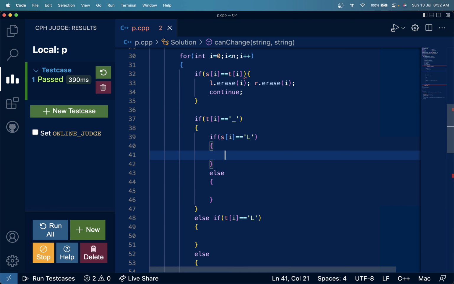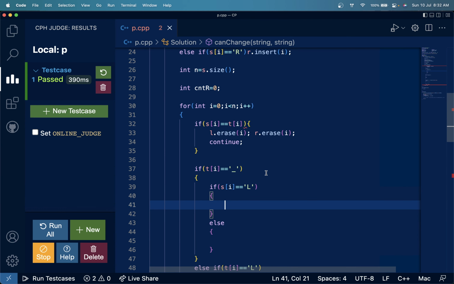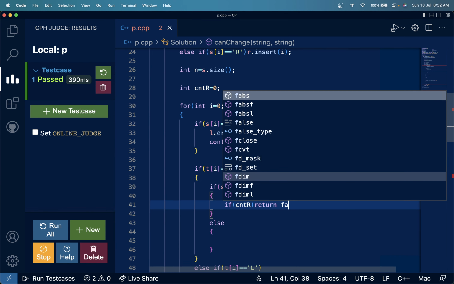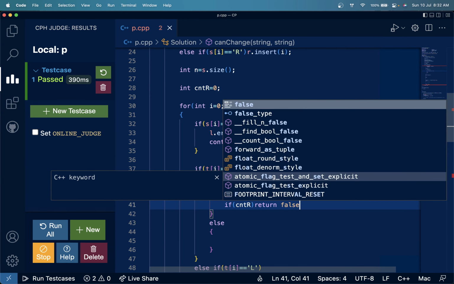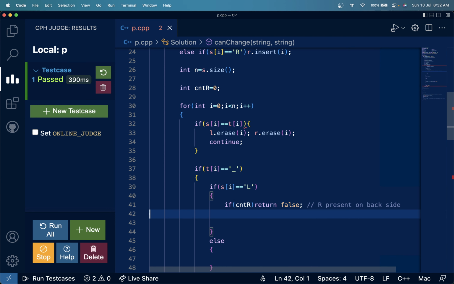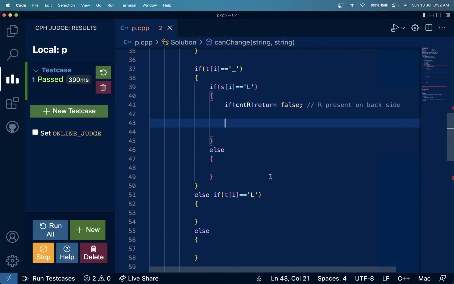If it's left, then we will check the first index. If it's left, then no R should be present on that side, otherwise false. Is it present on the backside? No, it is not present on the backside.